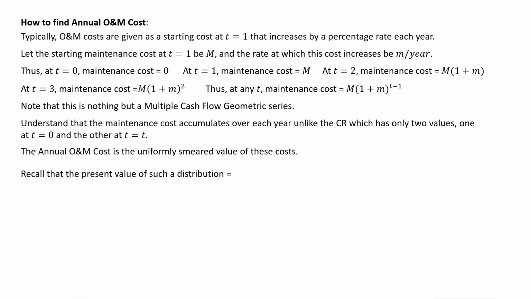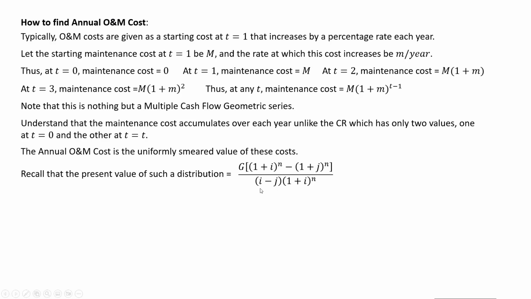Now, recall that the present value of such a distribution, go back to the G thing, is G times 1 plus i to the n minus 1 plus j to the n over i minus j times 1 plus i to the n. I actually went to chapter 2, section 6 or something like that and copied this from there.